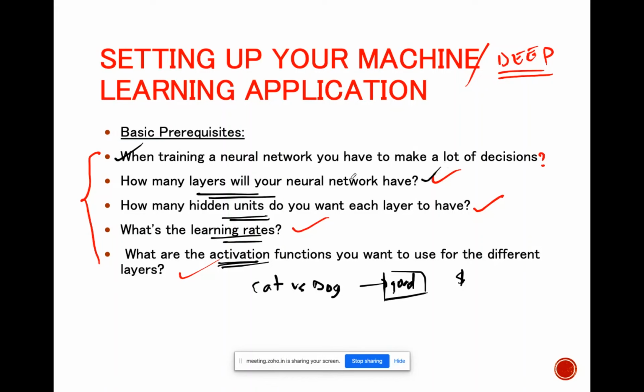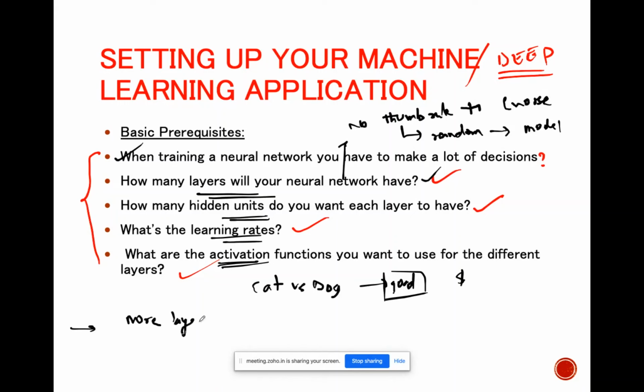For the first question, write this down: there is no thumb rule to choose the layers. We take random data and understand the model performance. And one thing is, with more layers the model is able to learn and improve. This is what we concluded in the previous classes.